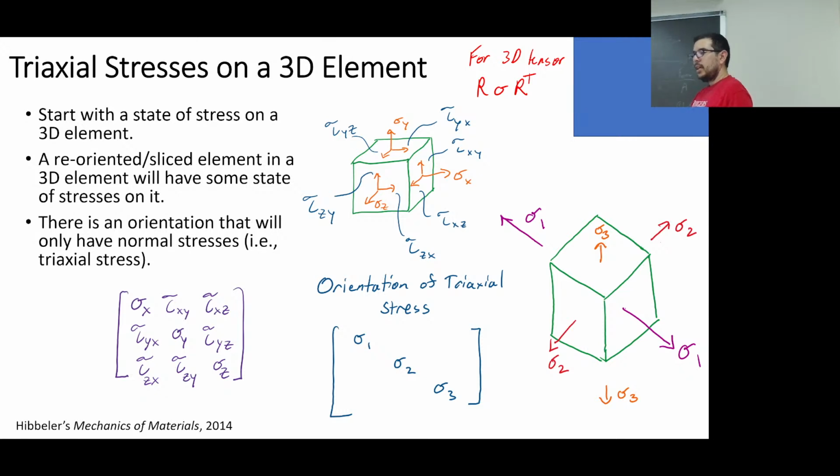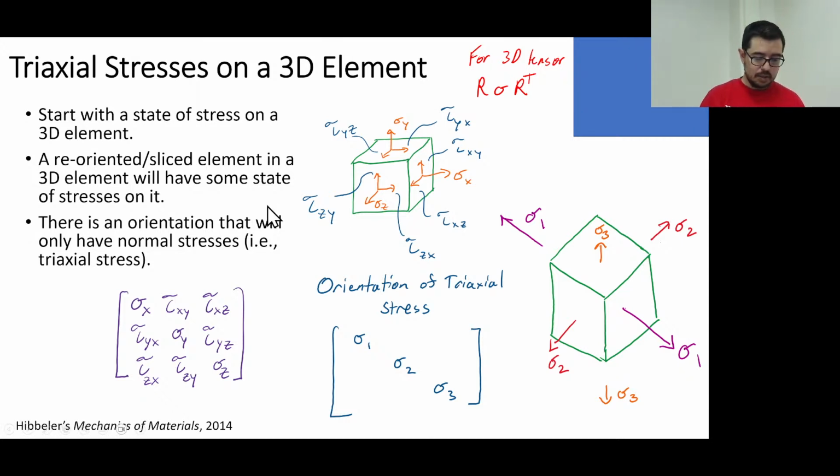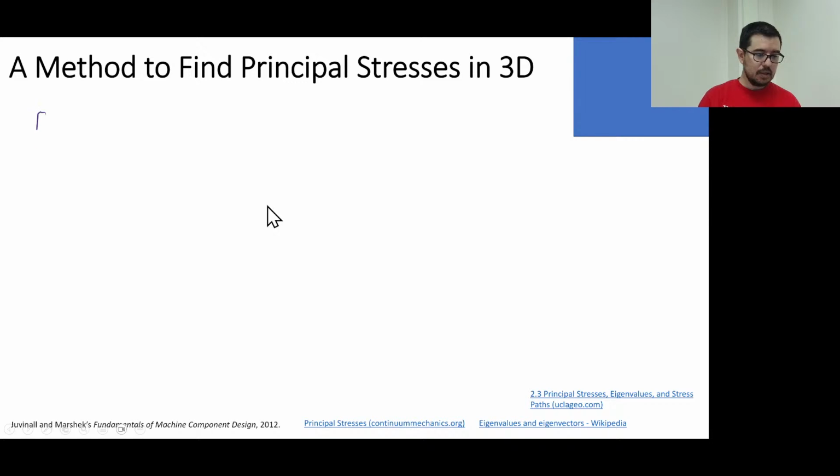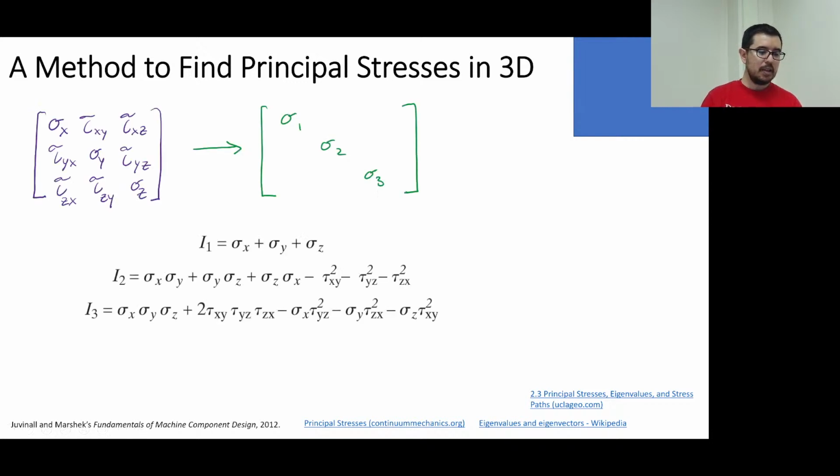Now, I won't make you do a generalized 3D state to triaxial stress. That's a little bit complicated. But here's how you do it if you're bored on a Friday night, okay? What you do is figure out these components, I1, I2, and I3, okay?